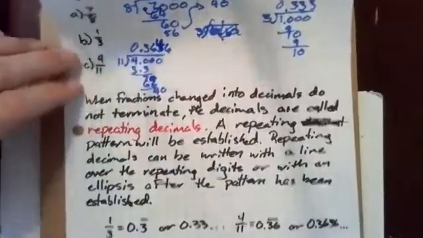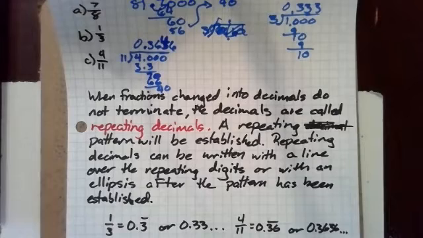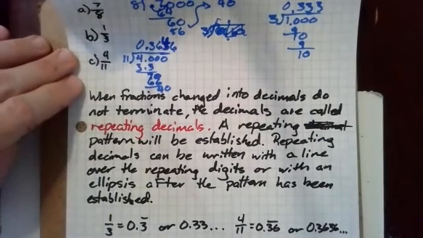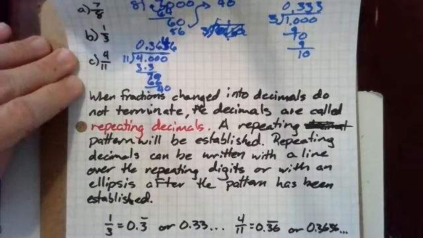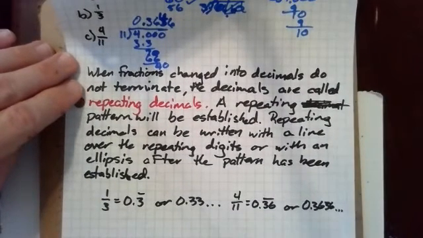So when fractions changed into decimals do not terminate, the decimals are called repeating decimals. And both our 1/3 and our 4/11ths will turn into repeating decimals. A repeating pattern will be established. Repeating decimals can be written with a line over the repeating digits or with an ellipsis after the pattern has been established.